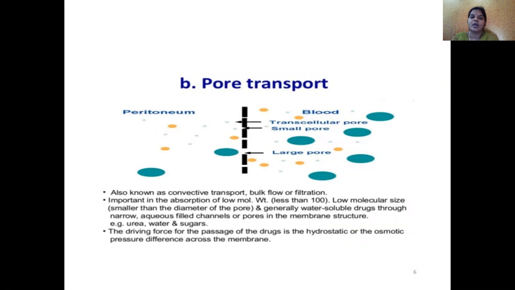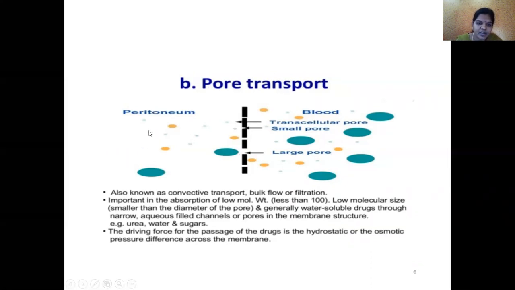Next, let me discuss the pore transport mechanism. Here this is the peritoneum, this is the GI lumen, and this is the blood or systemic circulation, right?